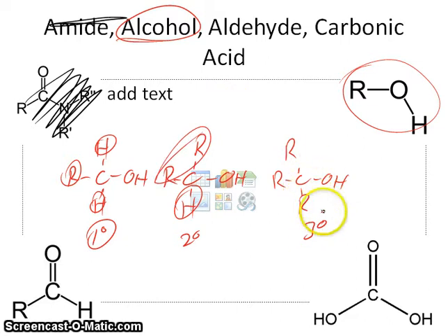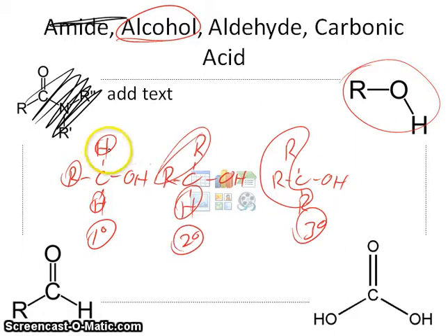And at 3 degree we have no hydrogen, instead we have 3 of anything else. Carbon could be hydrogen and anything else, but what you'll notice is that as the number of hydrogen decreases, the degree increases. So that's a good way to remember that.